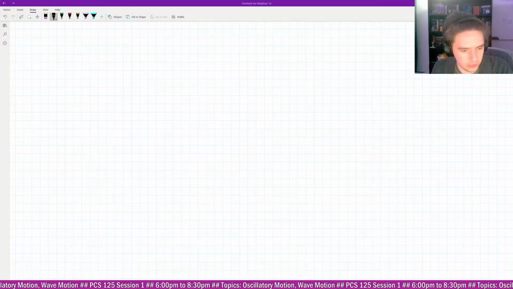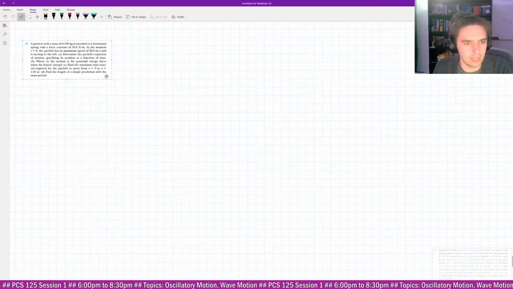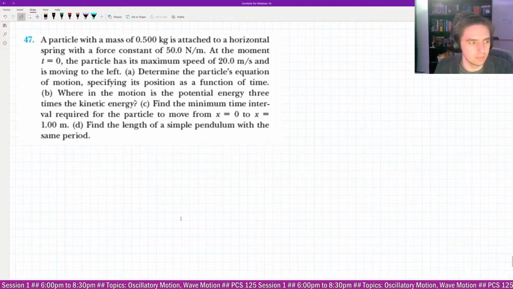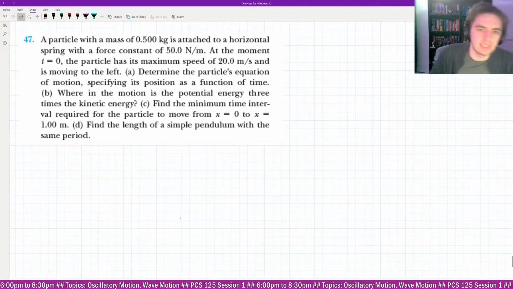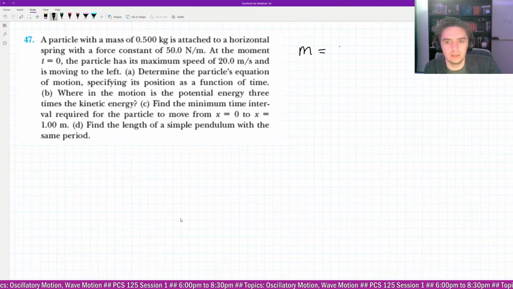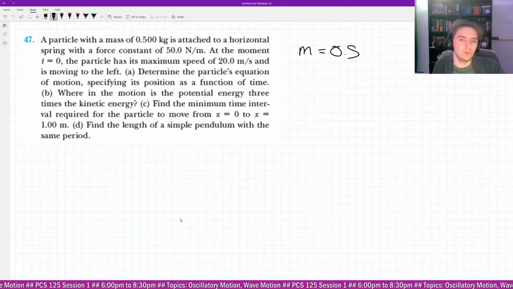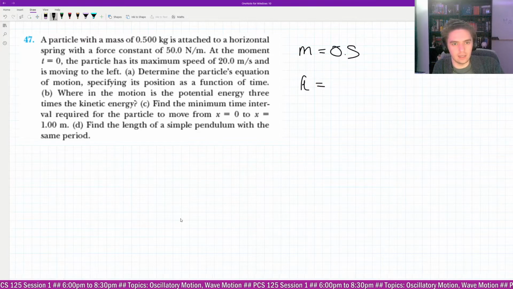Okay, this is the last question, so let's see how well we can do it. Last question from chapter 15. So let's take a look. A particle with mass m equals 0.5 is attached to a horizontal spring with a force constant of k equals 50 newtons per meter.